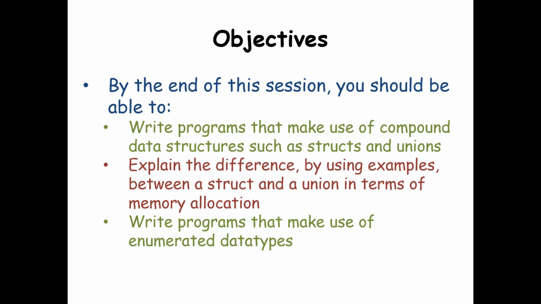You'll also be able to distinguish between a struct and a union in terms of their memory allocation. And lastly, you will be able to use enumerated data types in your programs. These provide a convenient way to define a set of named constants that make your code more readable and maintainable.